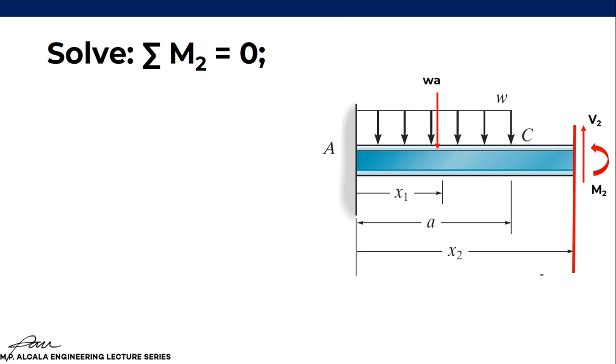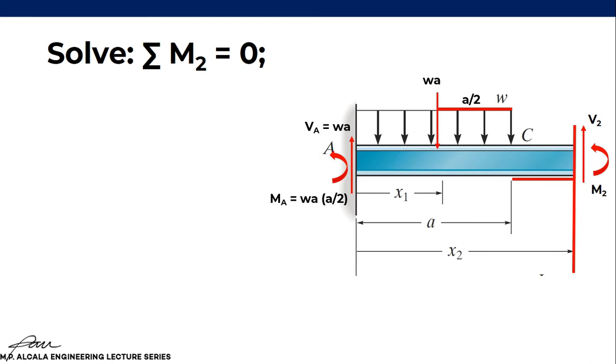And then we are now going back to our original WA distributed load applied at A over 2 from C, since we have the centroid. And you have your reactions from point A, from your cantilever support, since the original reactions from slide 1.